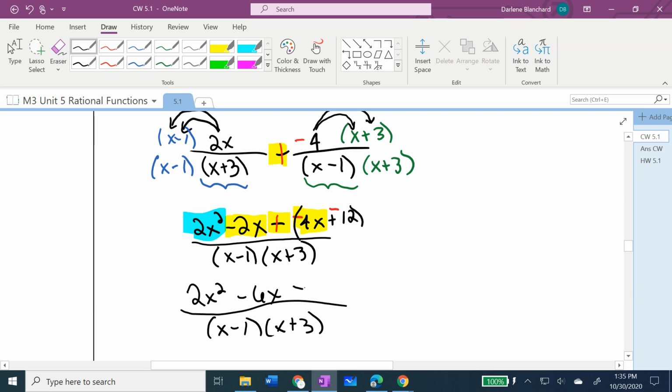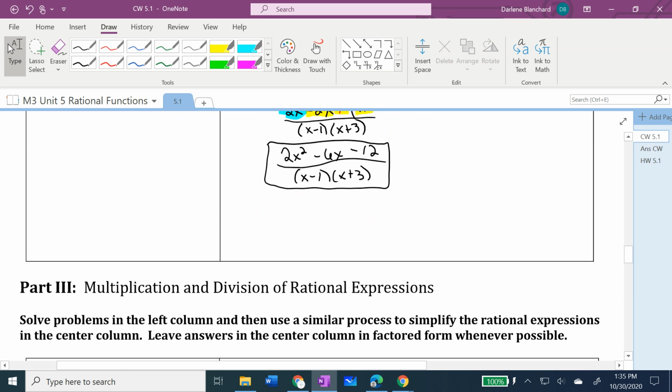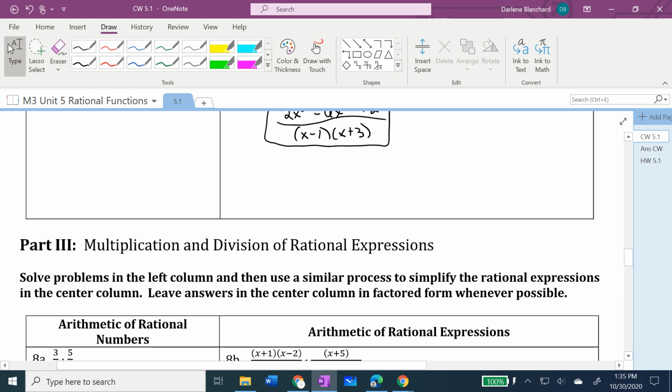And then I have minus 12. While I could factor a 2 out and maybe factor some more, I don't need to. This is considered the end of the subtraction. So that's a reminder of addition, subtraction.